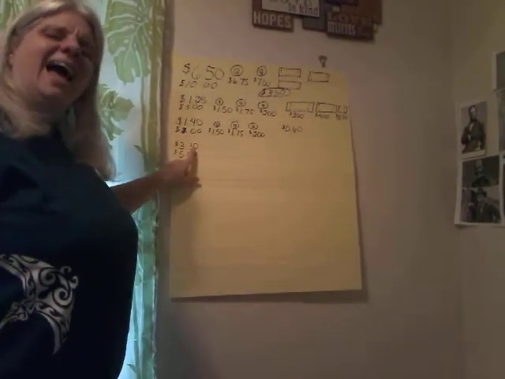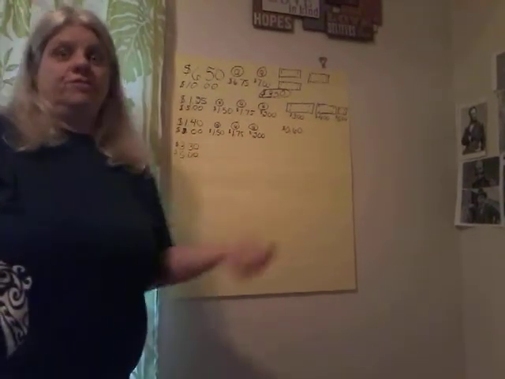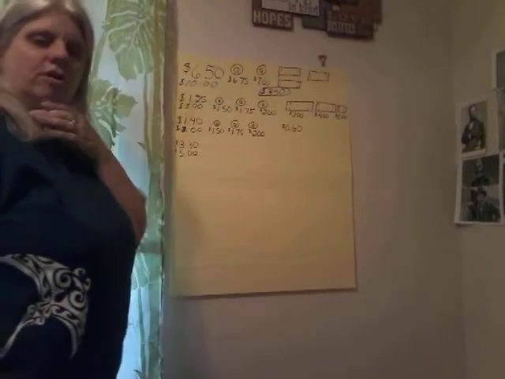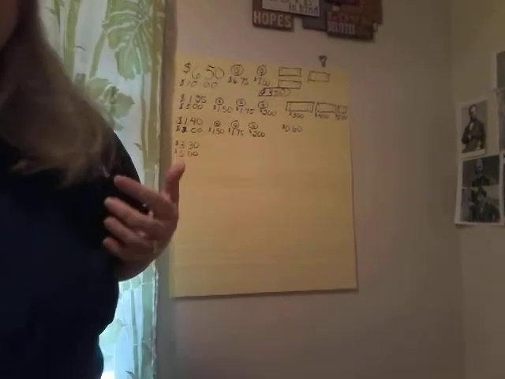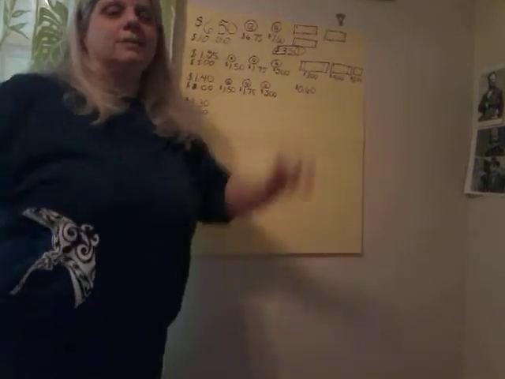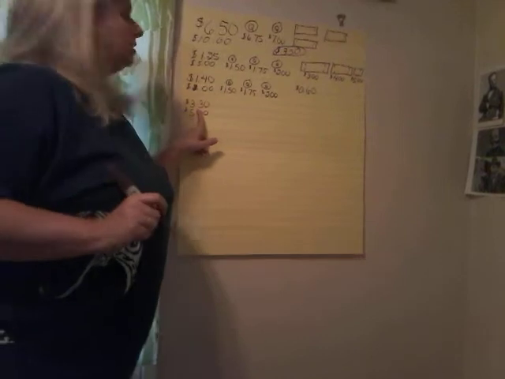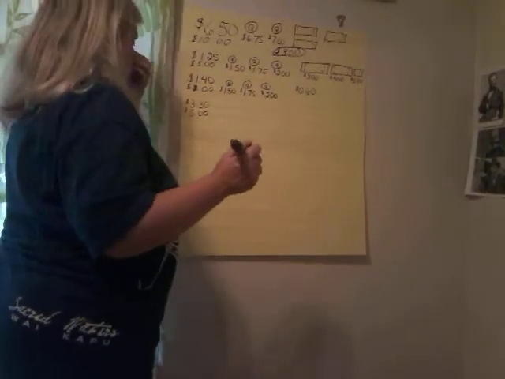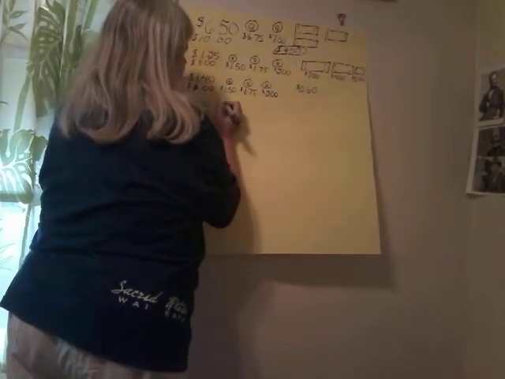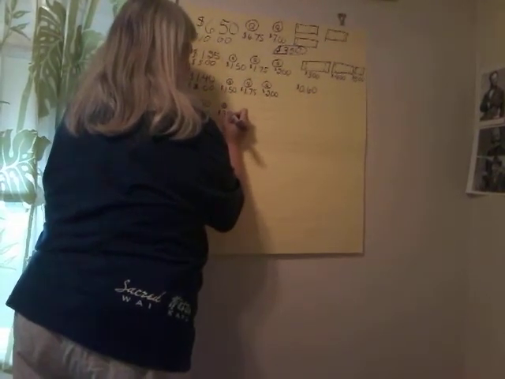So what would we add to the 30 in order to get to either a 50 or a 75? What do you think? I'm going to do something because the wind is blowing this a little bit. I don't want it to fall down and go boom or bang or crash. All right. So we are going to start at $3.30. If we add a dime, that would be $3.40.